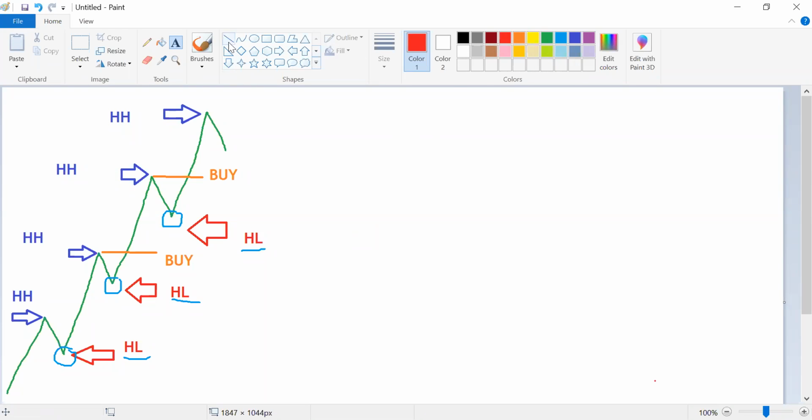Shall we go to the downtrend? Okay. So stock falling, then slightly going up, then falling, then slightly going up, then falling, then slightly going up, then falling, then slightly going up, then falling. Okay. Now, what do you see over here?